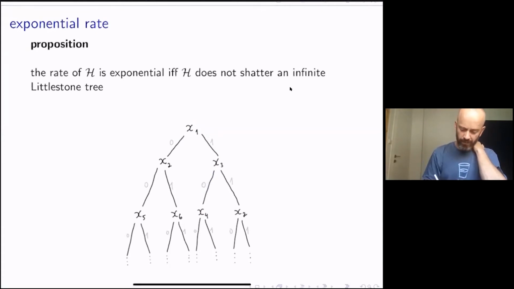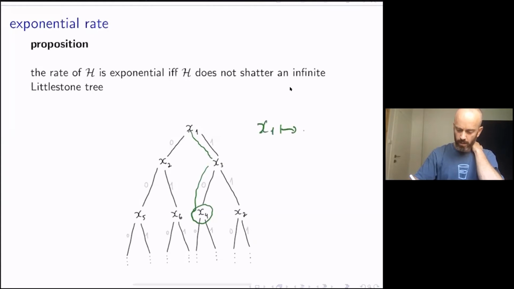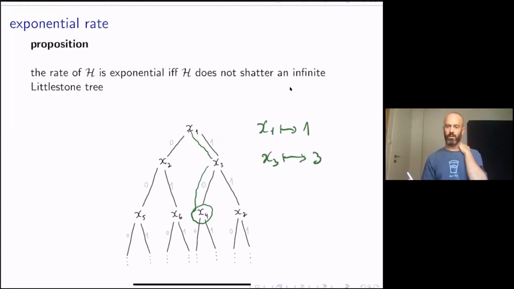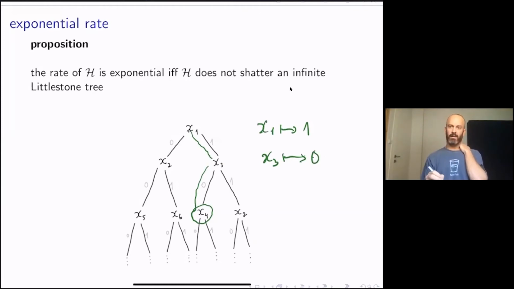And now every vertex in this tree defines a path from the root to the vertex. And this path defines a partial function. This function maps x1 to 1, x3 to 0. So every node in this infinite tree defines a partial function.